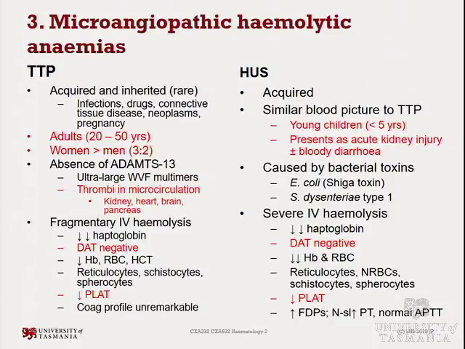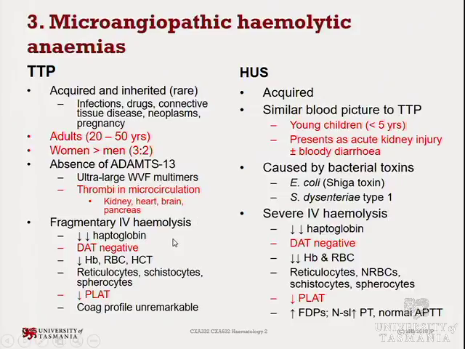And so what ends up happening is that we get thrombi in our microcirculation. So remember, this is microangiopathic. The platelets are activated, and so we get these little clumps of platelets in our microcirculation. We get fibrin strands between the platelet clumps, because remember, that's part of hemostasis, isn't it? So we get some activation of the coagulation system, enough to get our fibrin strands.